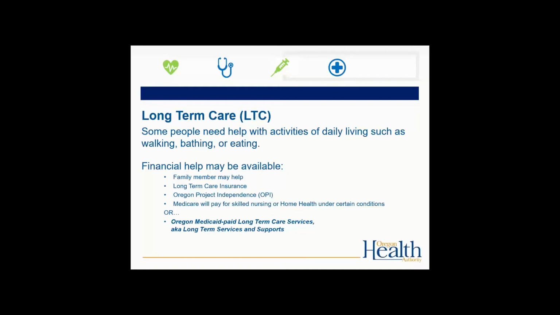But another way to get those needs met is through the Oregon Medicaid-paid long-term care services program. So you're going to hear some terms used interchangeably: long-term care, LTC, long-term care services, but also long-term services and supports. And that all refers to the same program.